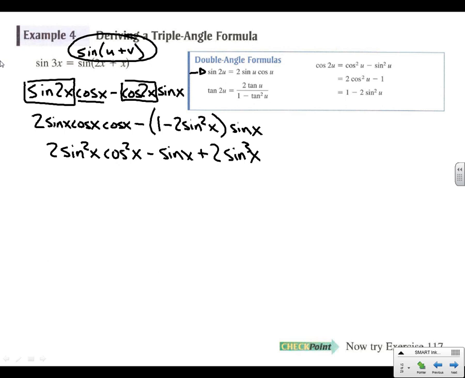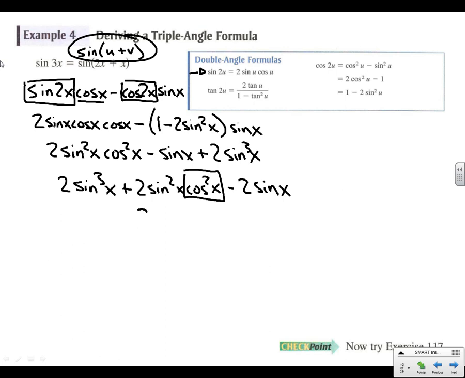All right, and so we've got, let me rewrite these in order, 2 sine cubed x plus 2 sine squared x cos squared x minus 2 sine x. Okay, just moving them down in order. And so then, lastly, to finish this thing up, we can simplify this a little bit because we know that cosine squared is 1 minus sine squared.